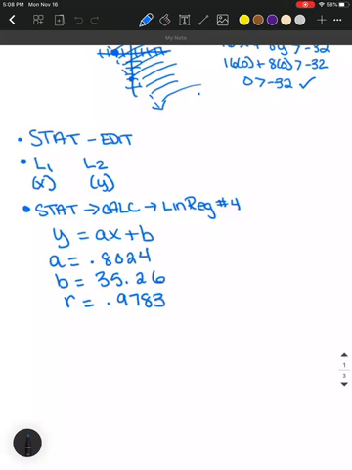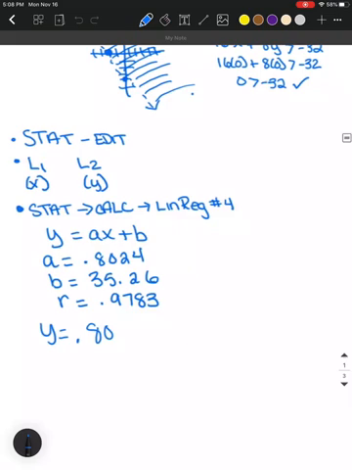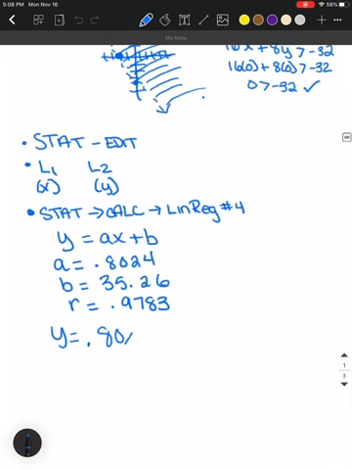So what I need is to actually write the equation of the line. So we have Y is equal to 0.80x plus 35.26, and my R value is 0.97 or approximately 0.98.